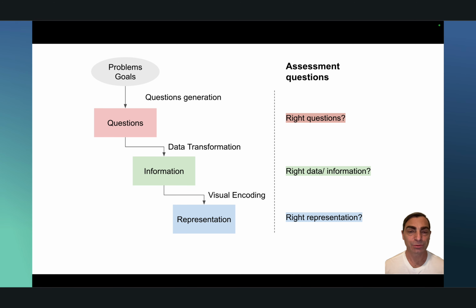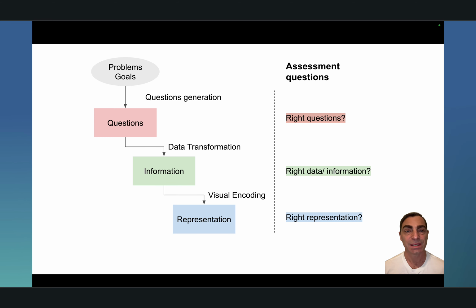And one important thing to notice here is that if you make a mistake early on, this mistake is going to have an effect on all the other aspects. So if you don't have the right questions, it doesn't matter how good your data transformation and visual encoding steps are because you are not asking the right questions.